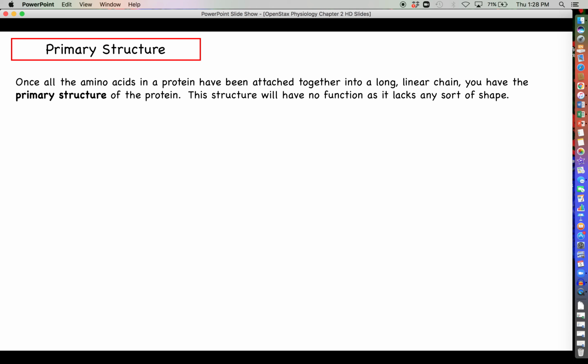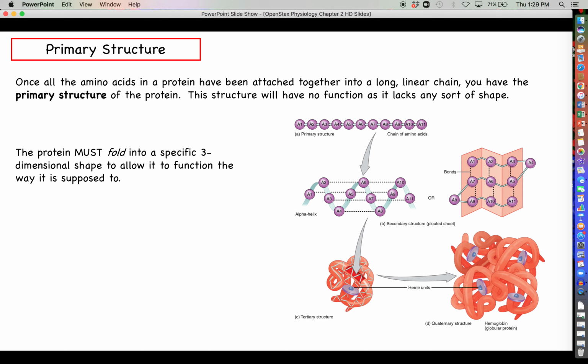But the problem here is that if that's all you do with the protein, it's not going to have any sort of physiological or cellular function, because what we're really going to hammer home here is the fact that proteins cannot function if they do not have three-dimensional shape. Shape is by far the most important aspect to how a protein does what it is supposed to do.